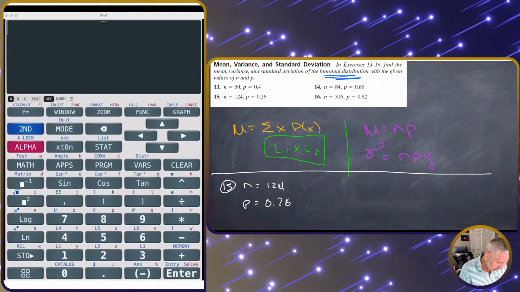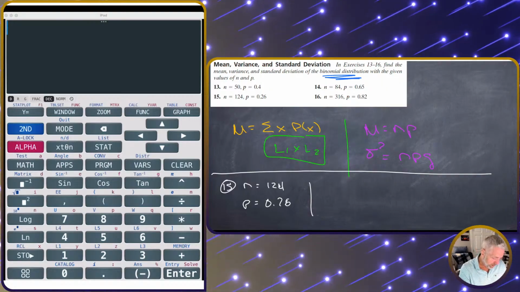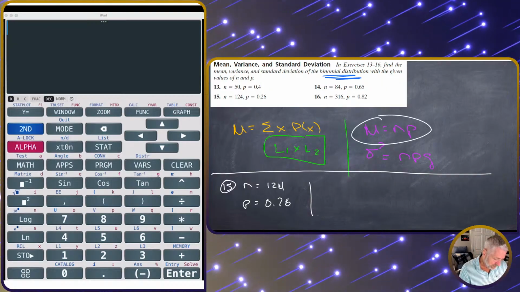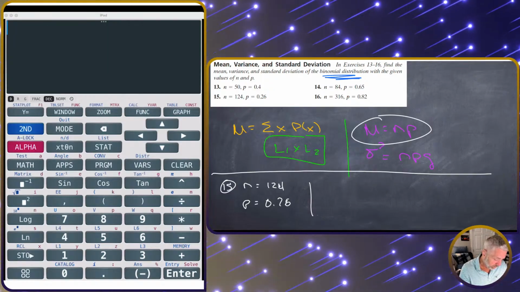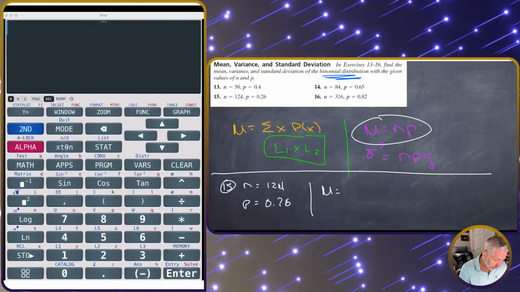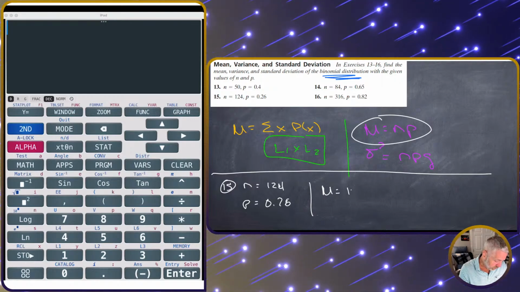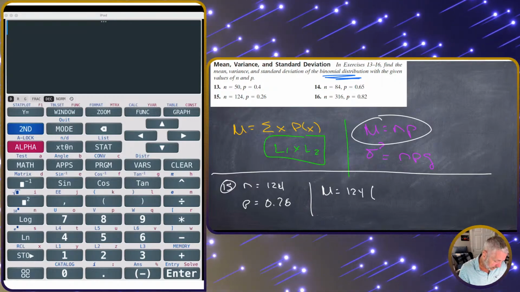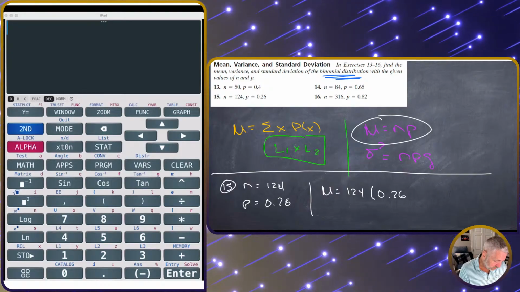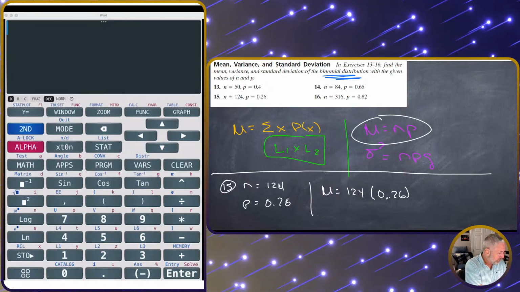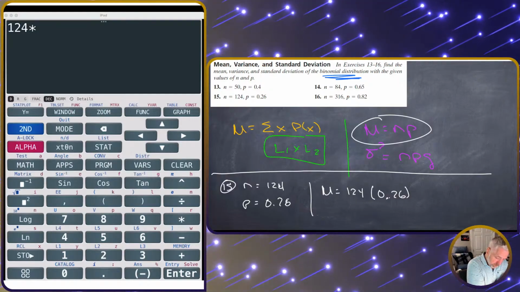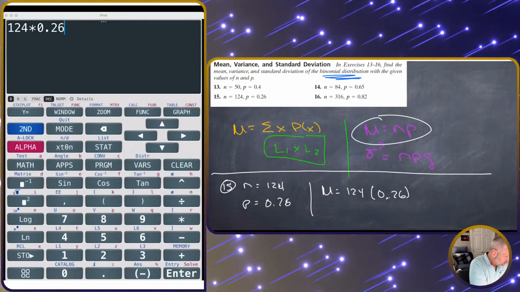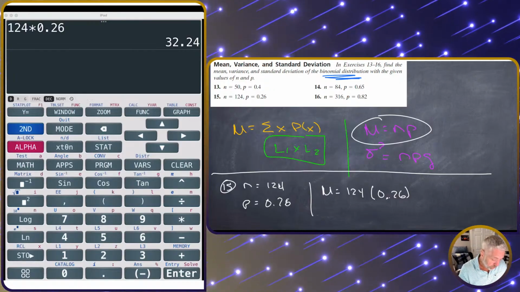Okay. If we're trying to find the mean of this binomial distribution and we want to find it using the formula, then I just substitute 124 for n and 0.26 for p. So I've got 124 times 0.26. So the mean is 32.24.